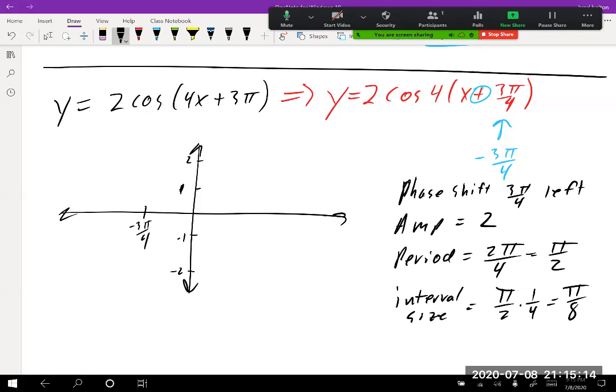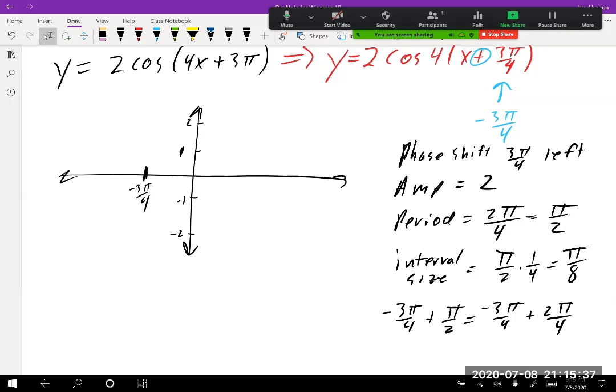Now, we know we're going to start here, right? If you want, what you can do is just add 1 period to negative 3 pi over 4. So if I take negative 3 pi over 4 and add a period of pi over 2, that would be negative 3 pi over 4 plus 2 pi over 4.